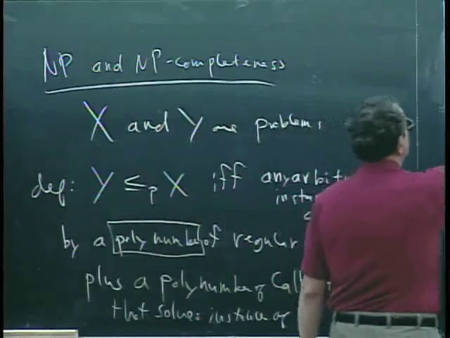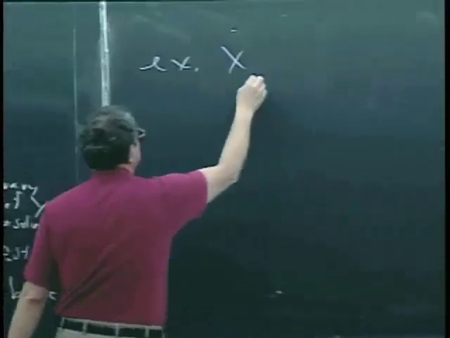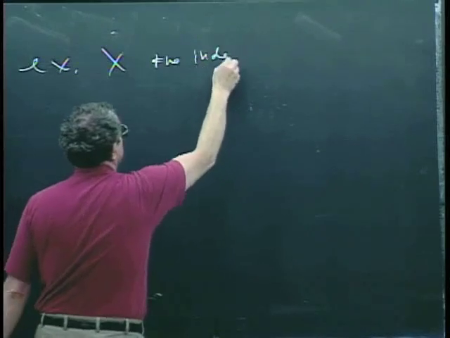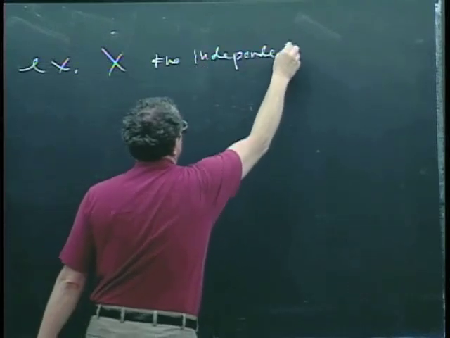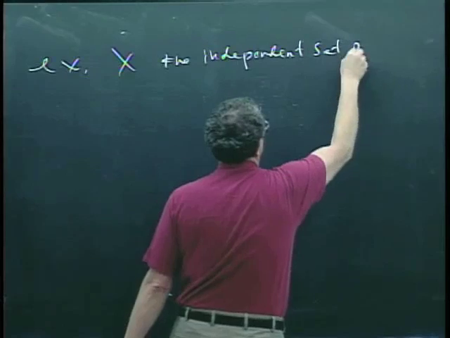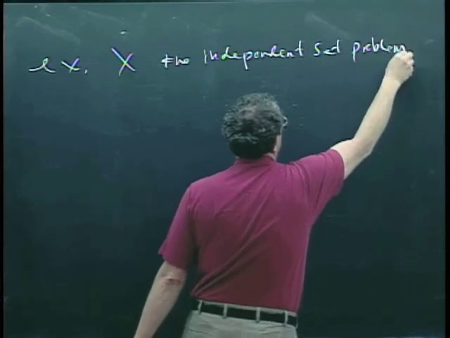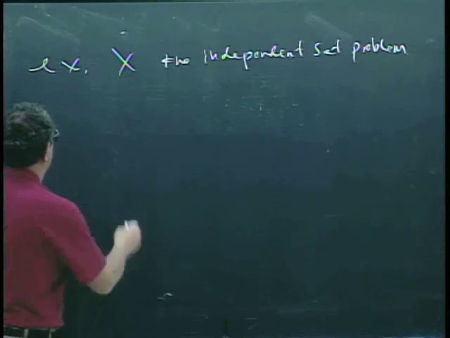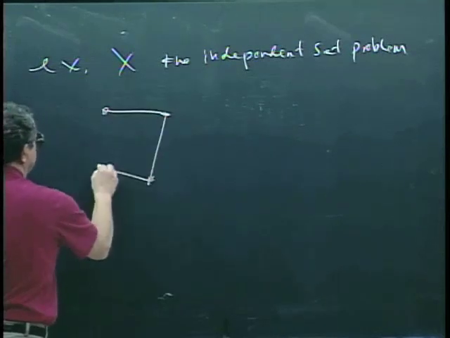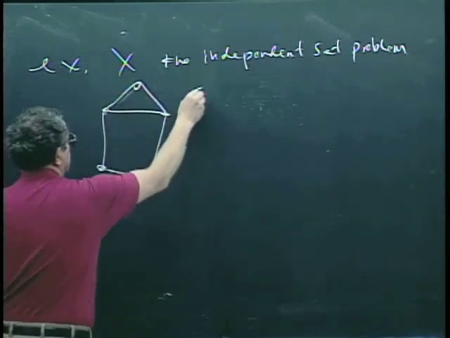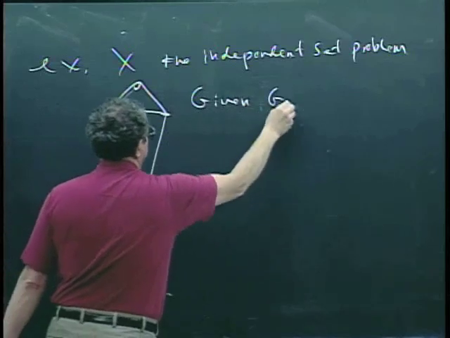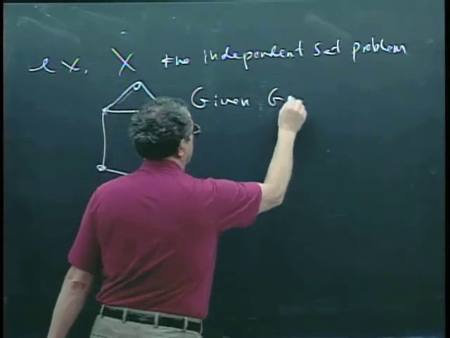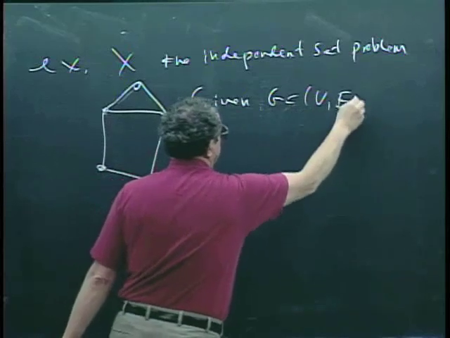So here's an example. X is going to be the independent set problem. And what's independent set? Independent set is you're given a graph G, with a vertex set and an edge set.